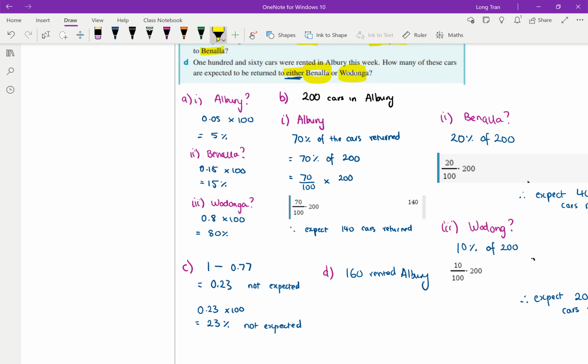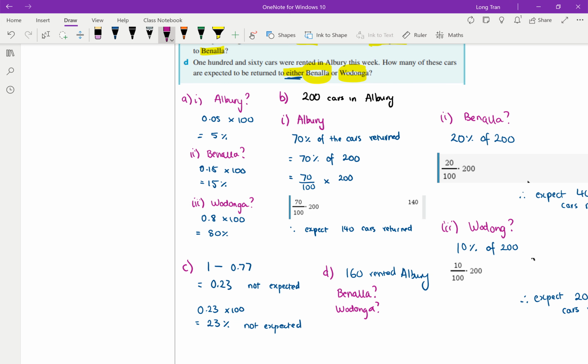So it could be, let's say, 40 cars in Benalla, and then 100 cars at Wodonga, then in total I expect 40 plus 100, which is 140. Okay, I just made up the number, by the way. So we first need to find out how many were expected to be returned to Benalla, and then Wodonga.